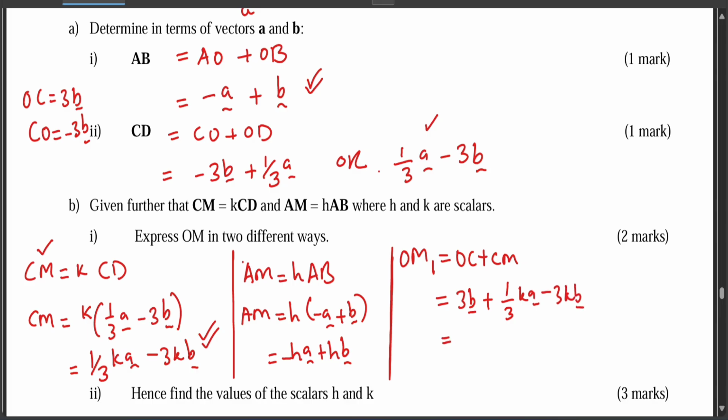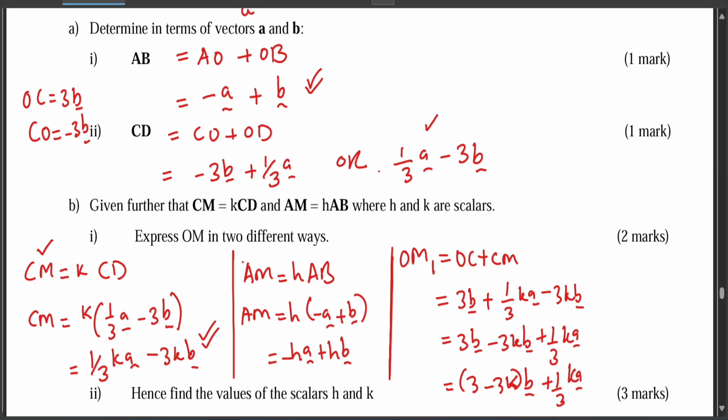So collect the like term, so 3b minus 3kb plus a third ka. You can factorize as long as we have common vectors, not common coefficients but common vector. Common vector hapa ni vector b, so hapa utaandika 3 minus 3k sawa plus a third ka. So that is your first OM.